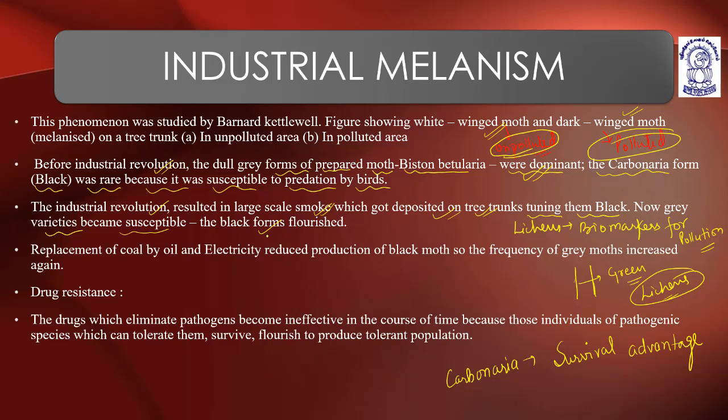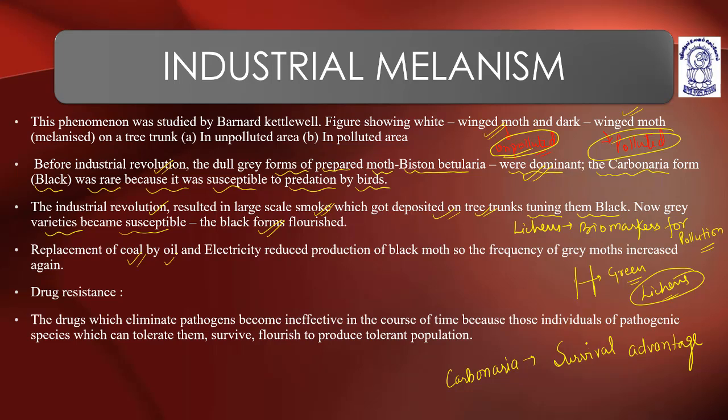The black moths flourished. The black moths, which were previously very rare, are now going to flourish because the struggle from their competitors was reduced. And this is natural selection. Natural selection gives a survival advantage to the Carbonaria form.